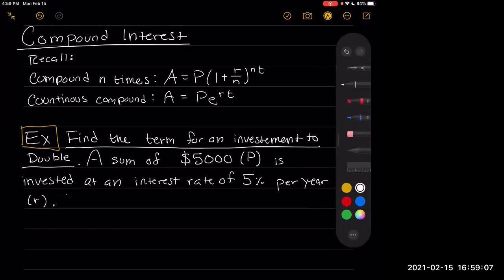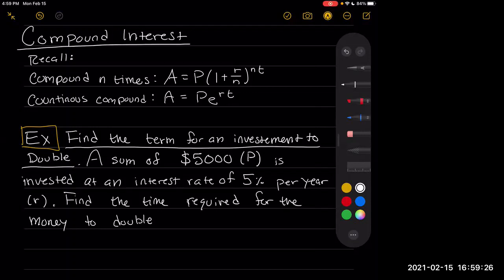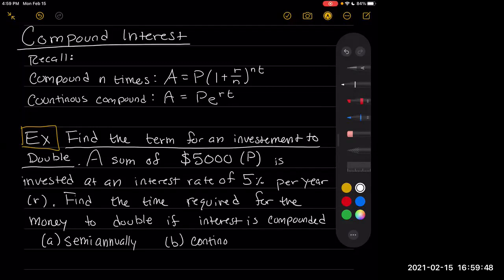So we want to find the time required for the money to double, if interest is compounded A, semi-annually, and B, continuously. So first we're going to start with A.